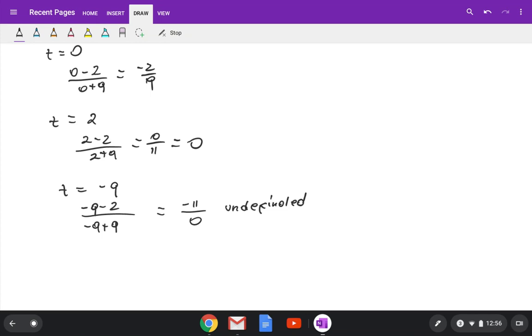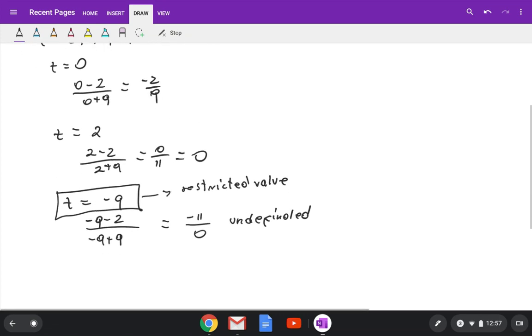Okay, so it's undefined when t is equal -9. Why? Because when something is undefined, it's the restricted value. Okay, so that was part A.